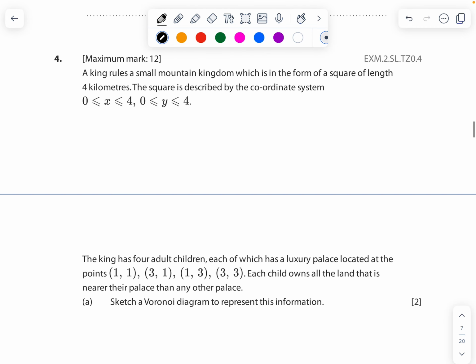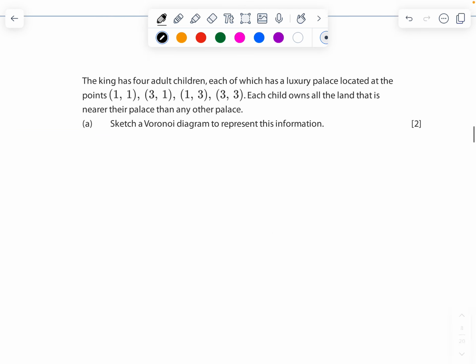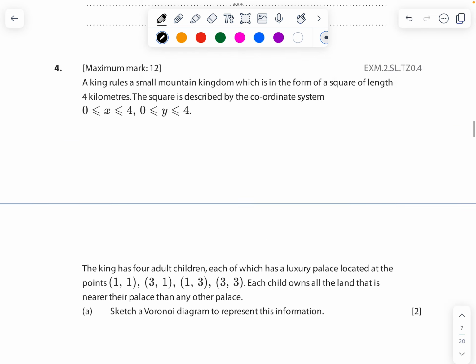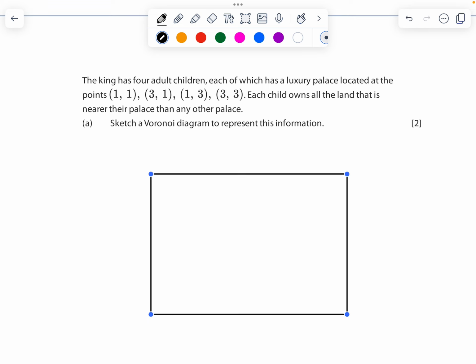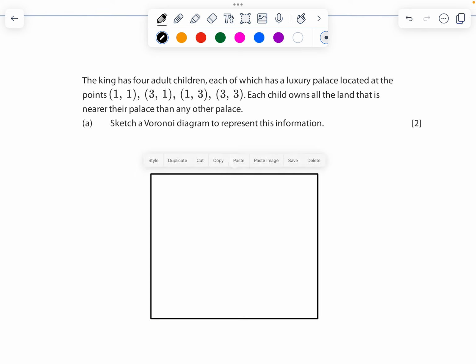Question number 4. A king rules a small mountain kingdom which is in the form of a square of length 4 kilometers. The square is described by a coordinate system: x lies between 0 and 4 and y lies between 0 and 4. The king has 4 children, each of whom has a luxury palace located at these points. It is a square, so I'm drawing a square.